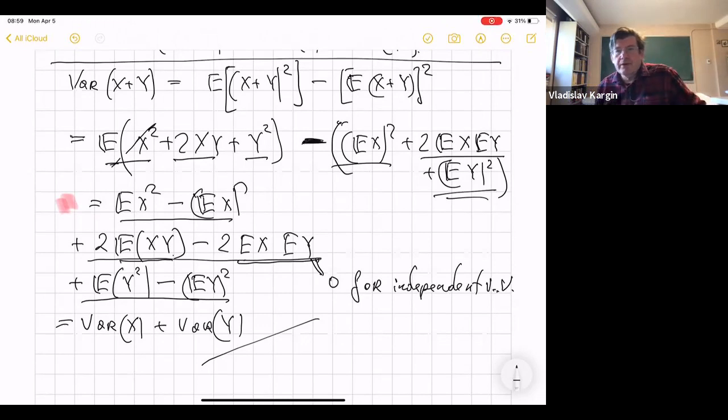All right, so let's get back, and now the new topic here will be covariance. Not sure what happened. So let me do it again.